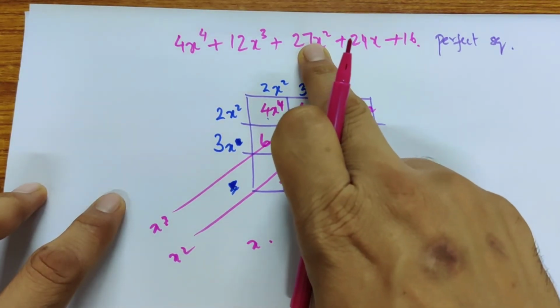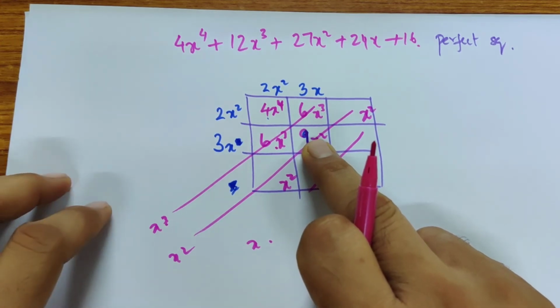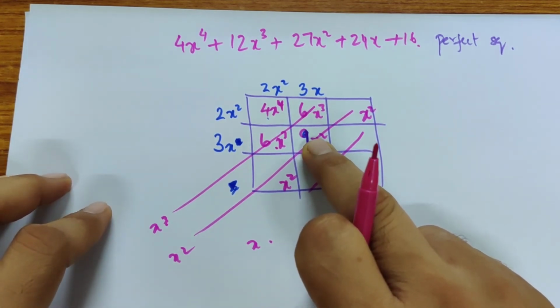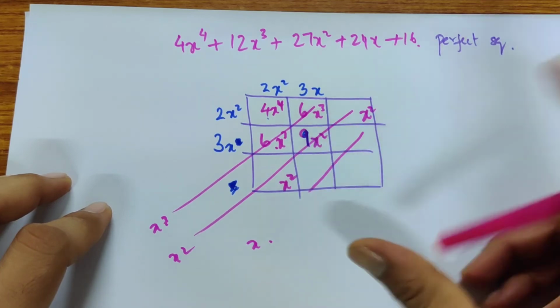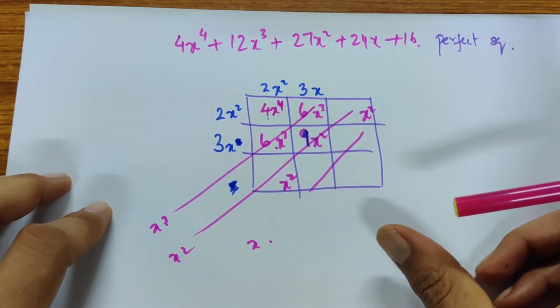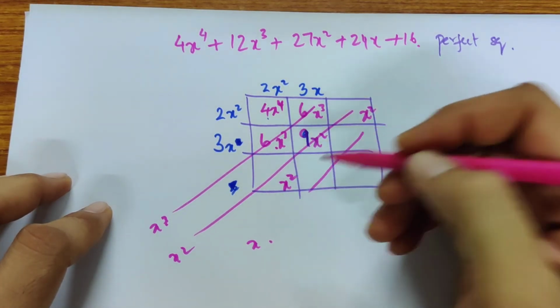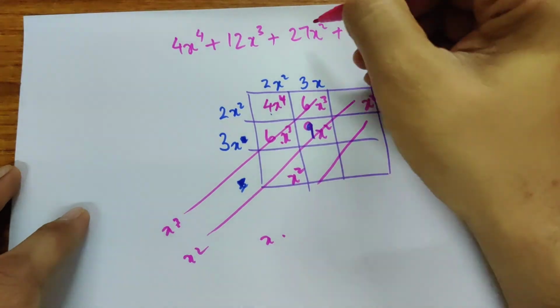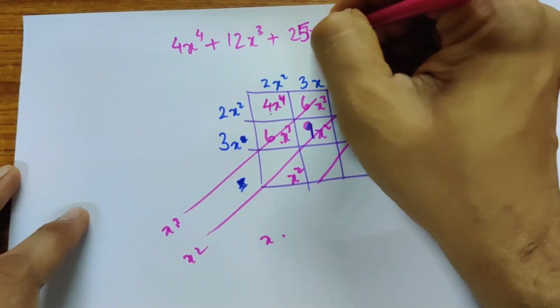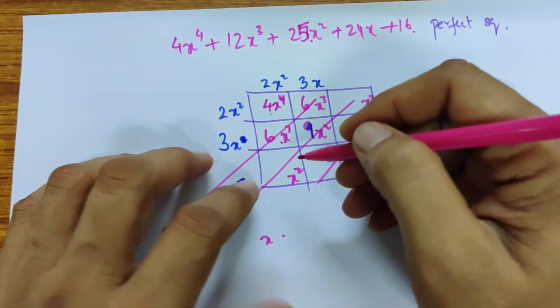Total is 27. From 27, if I remove 9, I will have 18 left. If I split 18 into 2, I will have 9. This should have been 25. So if I remove 9 from 25, I will be left with 16.